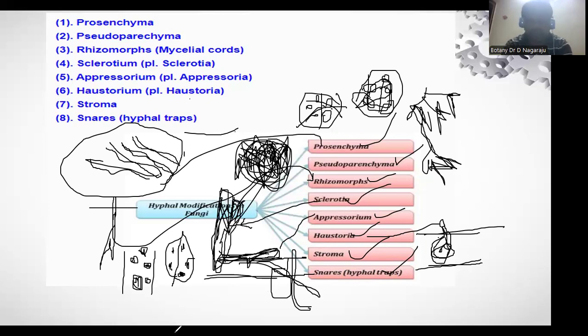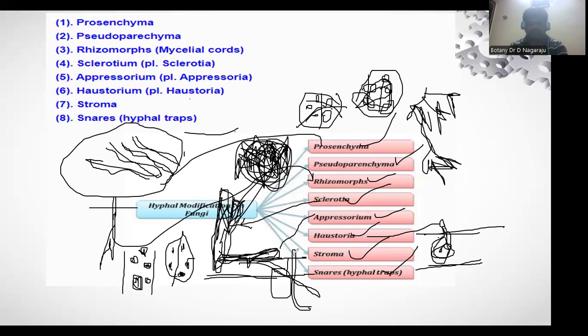These hyphae gather the nutrition from the host and also kill the host. The hyphae are used as traps, to trap and gather.